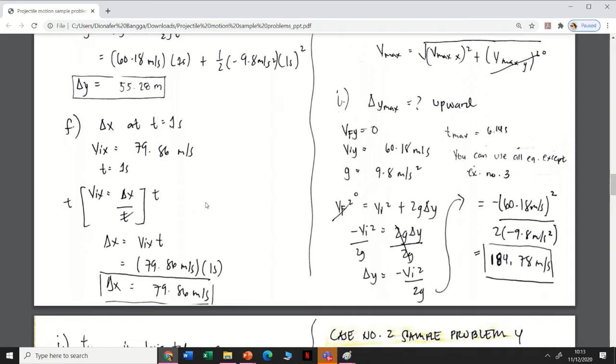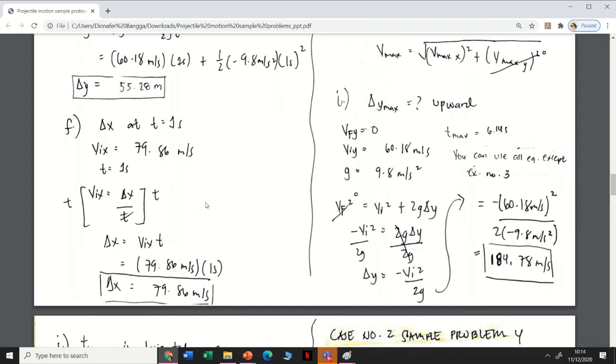And then also we identified the start of its analysis, which is the point wherein it was thrown, and the end of the analysis is that point wherein it reaches the maximum height. So that is where you're going to focus your analysis, the start and end of your analysis. And with that, we were able to identify the final velocity because the end of our analysis is at the highest point.